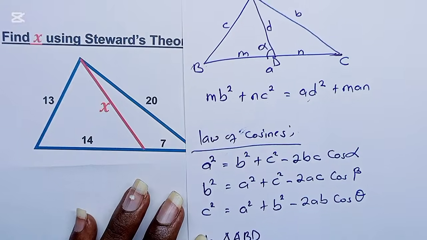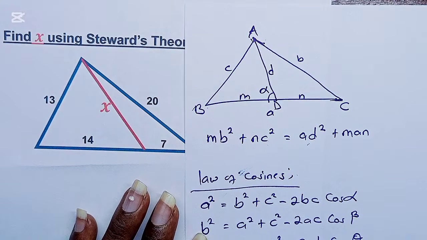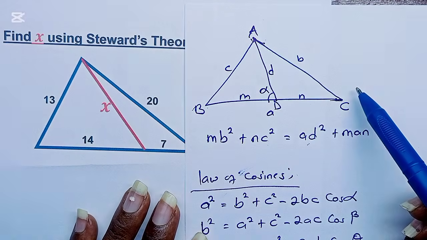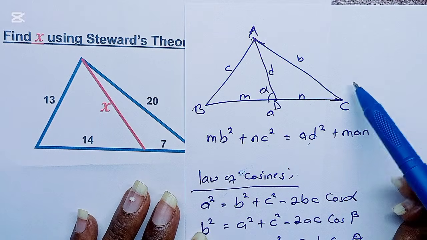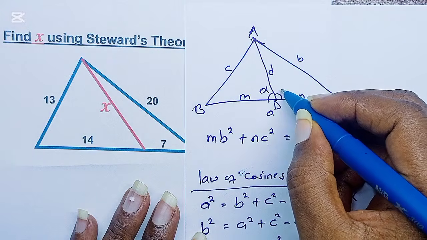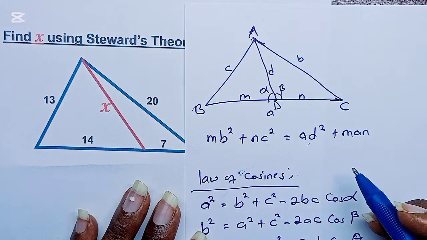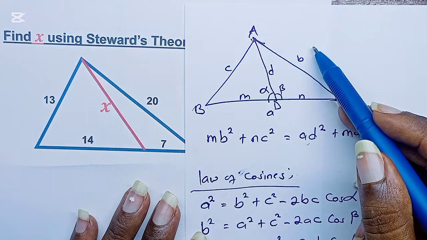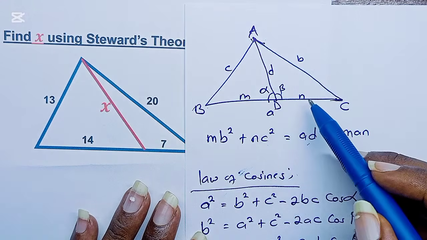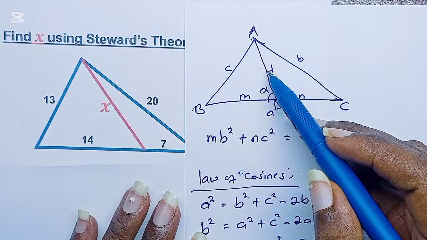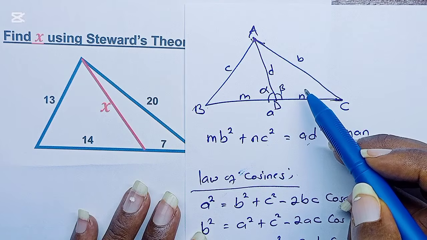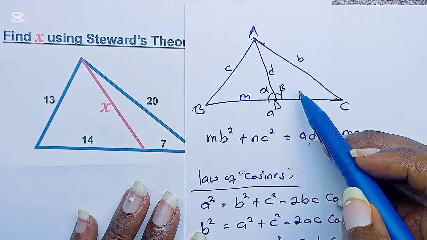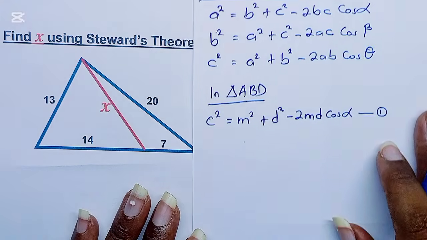Then if we focus on this triangle ADC, let's say this angle here is beta. Then to find this side B, B squared will be equal to N squared plus D squared minus 2ND cos beta.